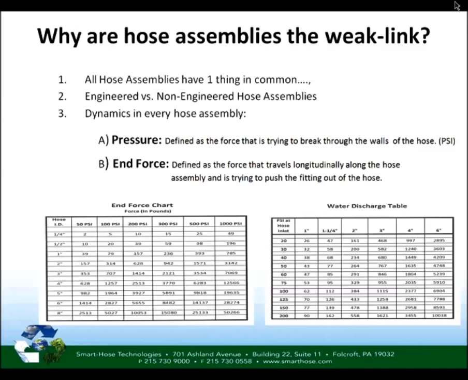Unlike hydraulic hose assemblies, industrial hose assemblies are considered to be non-engineered assemblies. Typically, the company that manufactures the hose is not directly responsible for the manufacturing, engineering, and design of the fittings, the ferrules, the crimp dies, or the crimp machine. Therefore, the components of most industrial hose assemblies are not specifically designed to integrate with one another.